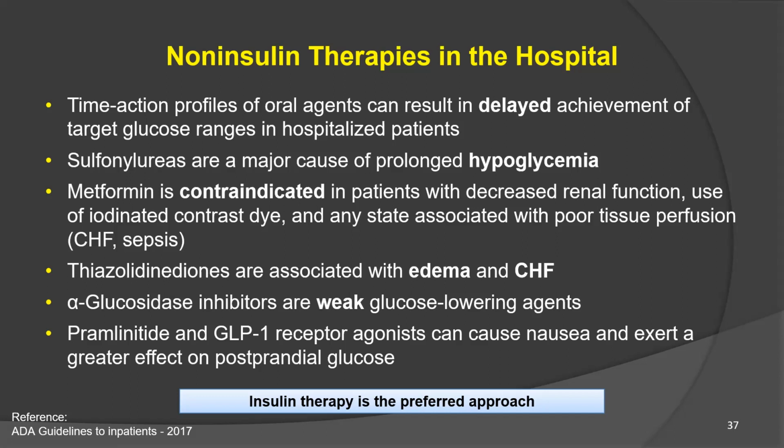They would not give good glycemic control, and you cannot waste time with that. Pramlintide and GLP-1 receptor agonists can cause nausea and exert a greater effect on postprandial glucose. So therefore, insulin therapy is the preferred approach.